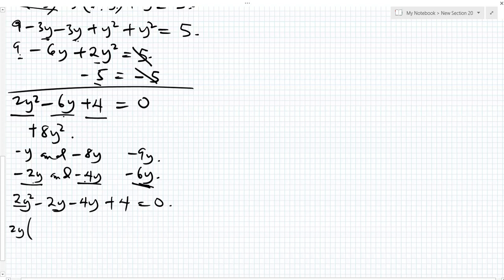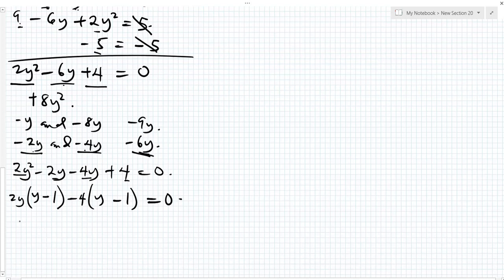So 2y divide 2y squared will give you y. 2y divide minus 2y will give you minus 1. Now for this, what is the common factor between this and this? You have minus 4. Minus 4 is a common factor. Now minus 4 divide by minus 4y will give you y. Plus 4 divided by minus 4 will give you minus 1 equal to 0.